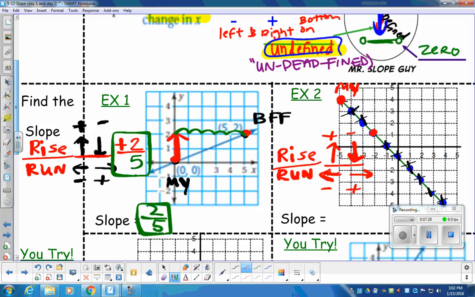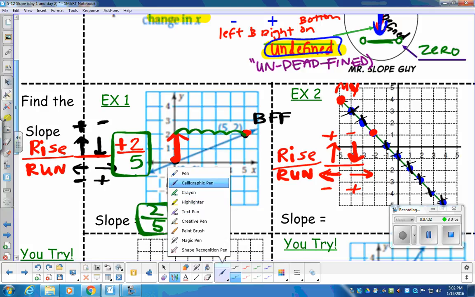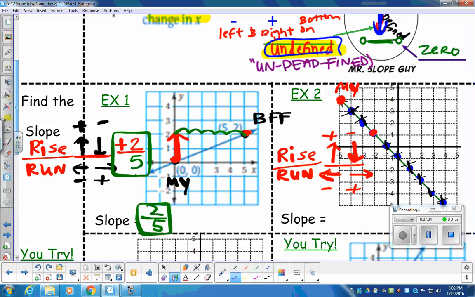As I measure the slope of this line, this is my hotel room, this is my friend's hotel room. I go to my hotel room, I drop all my stuff off. To get to my friend's hotel room, my movement is going to be down 1, 2, 3. I'm going down 3, so my rise is -3.